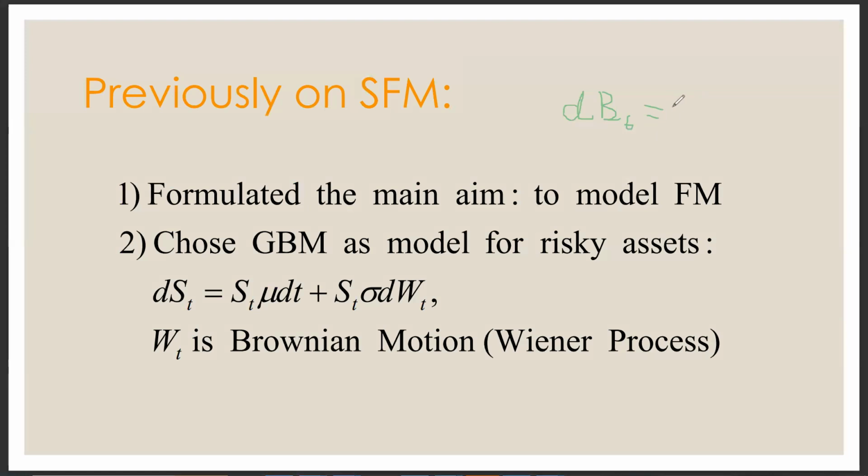It is proportional, by r the interest rate, to the amount at the moment t, dt. And with initial conditions, the solution of this equation is B_t equals B_0 multiplied by e to the power rt.